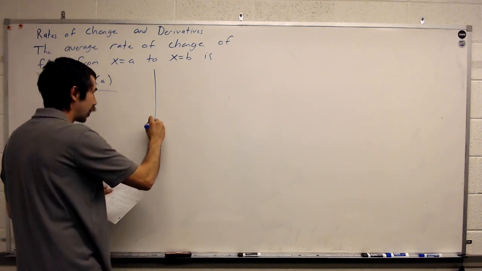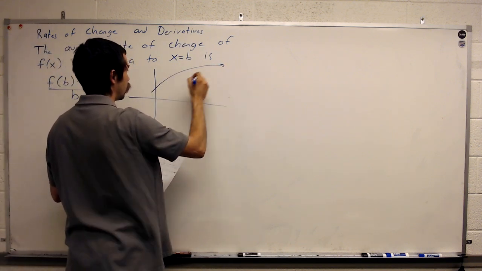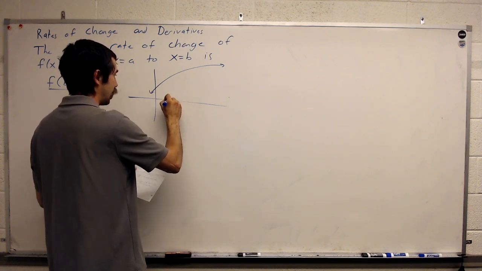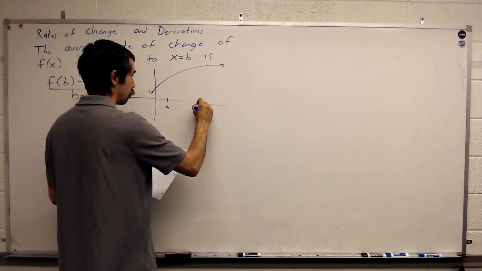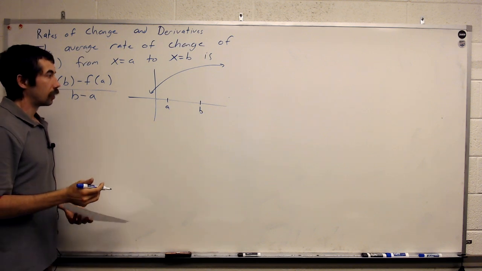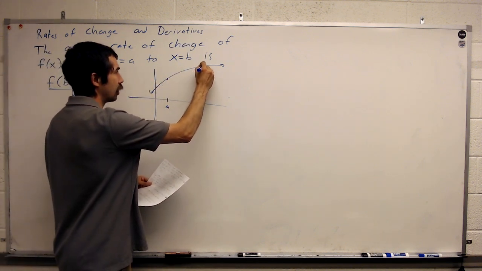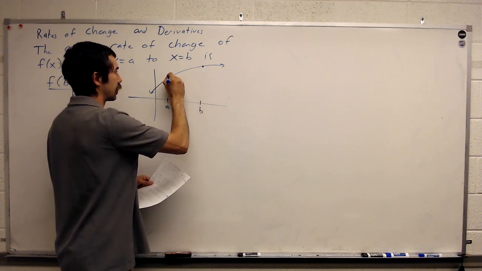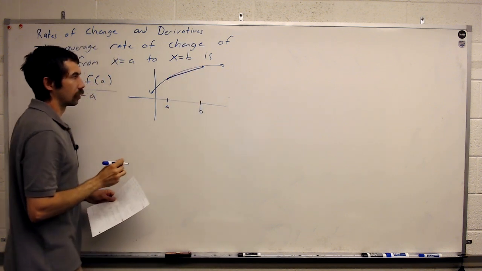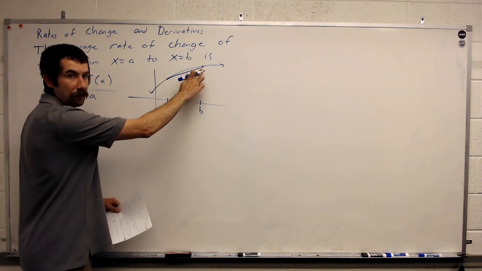Well, let's sketch a graph. So suppose that this is f of x, and here's a, and maybe here is b. This value is the slope of the line connecting these 2 points, a, f of a, and b, f of b.